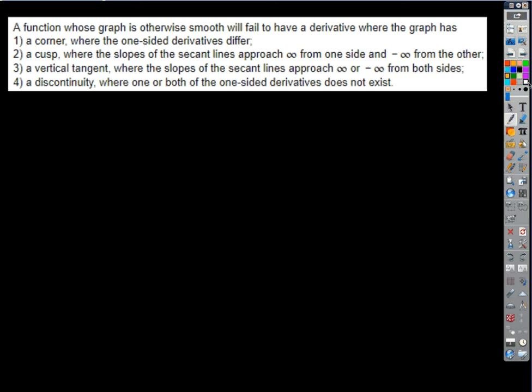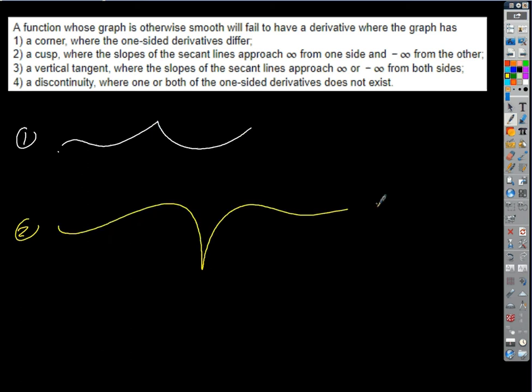So number one looks like this. Like that, right? Number two, a cusp, looks like this. See the difference?